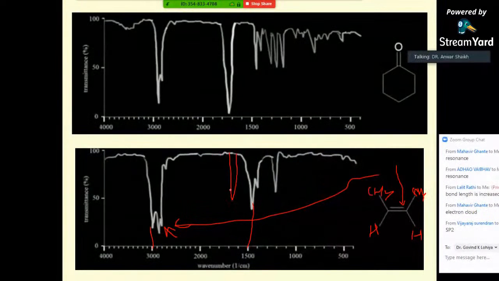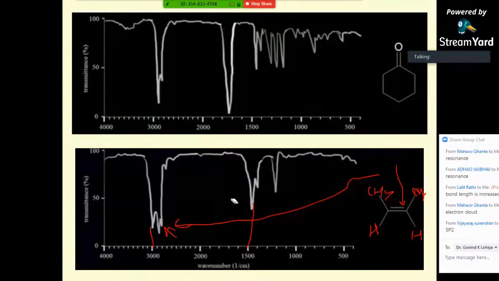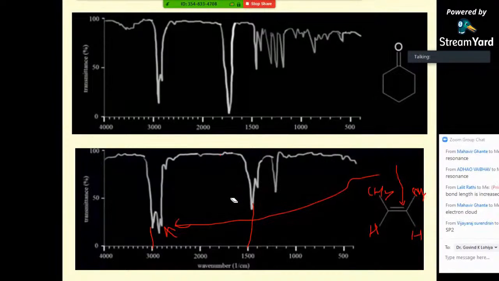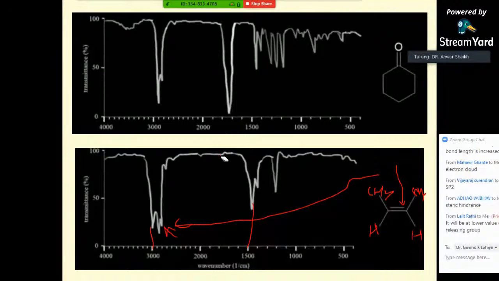But here we are not getting this band, even though C double bond C is present. What may be the reason? Can you explain why it is so? Ideally, by the rules of IR, there should be a C double bond C peak around 1600, because it is an alkene. Can anybody explain it?